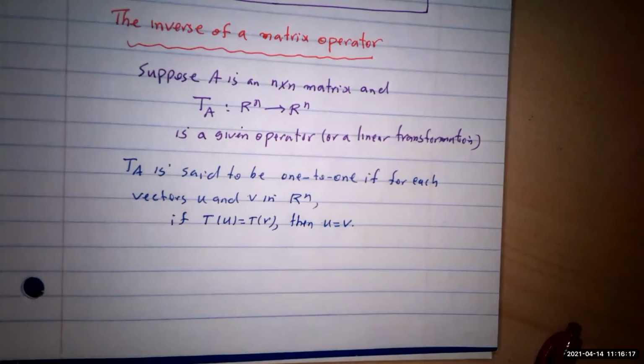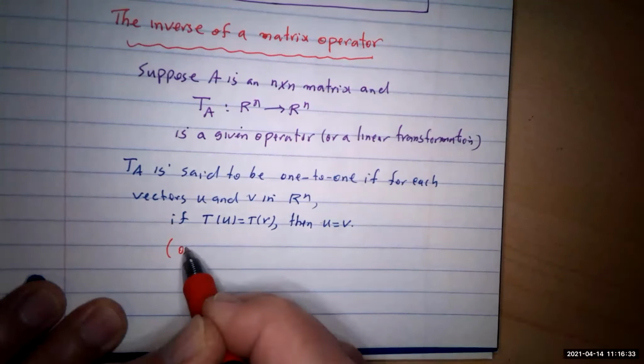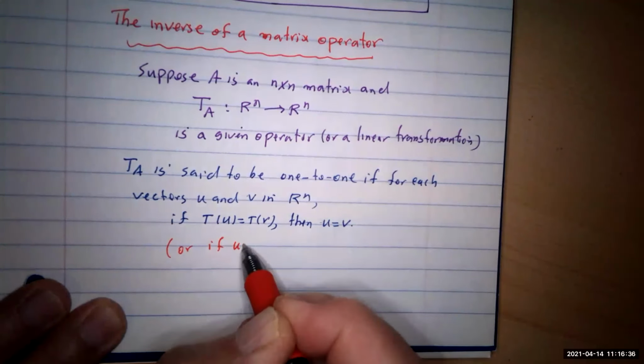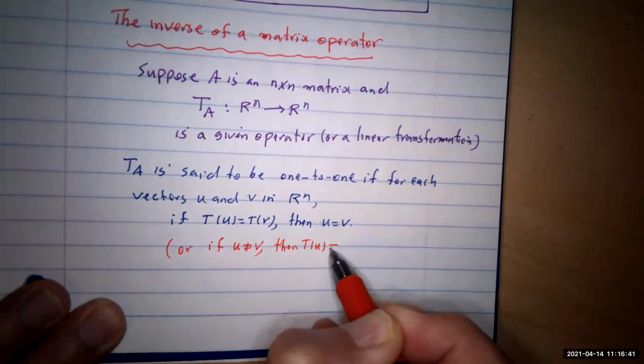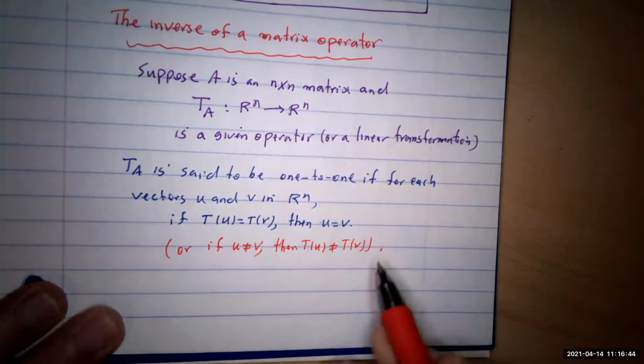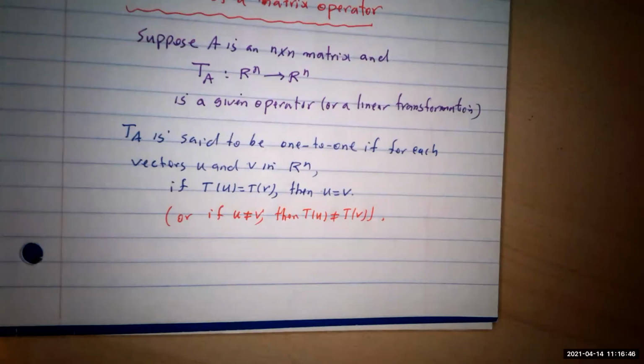It's the same thing that we do for the algebraic function. We call it the horizontal line test. If every horizontal line intersects the graph of the function at one point only, then the function is one-to-one. Or this is equivalent to saying that if u is not equal to v, then T of u is not equal to T of v. So different points go to different numbers in the range of the function. If this happens, we say the function is one-to-one.